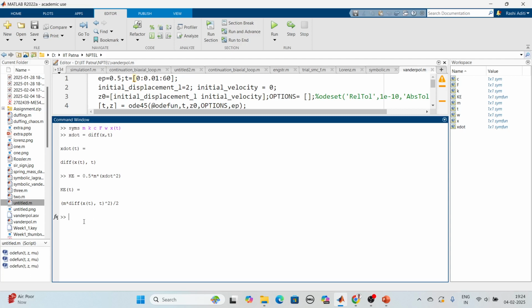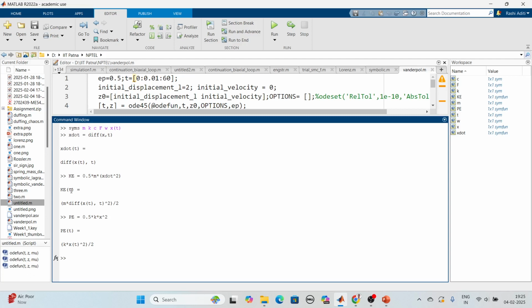This is my kinetic energy. Again, you can see my kinetic energy is now a function of time, right? Defining the potential energy, 0.5 into k into x square. My potential energy is nothing but half k x square. Again, my potential energy is a function of time.